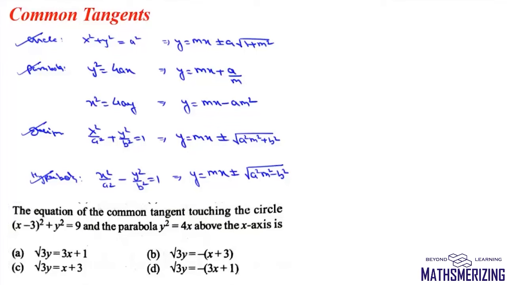Now suppose the question is, find the equation of common tangent touching the circle (x minus 3) square plus y square equals 9 and parabola y square equals 4x above the x-axis. Now this circle has its center at (3, 0) and radius is 3 units. So we'll draw this circle and parabola.